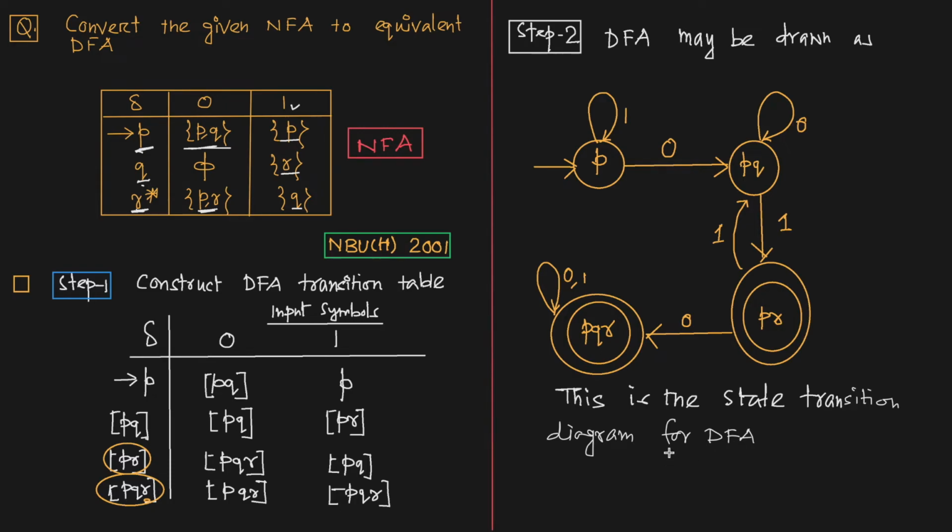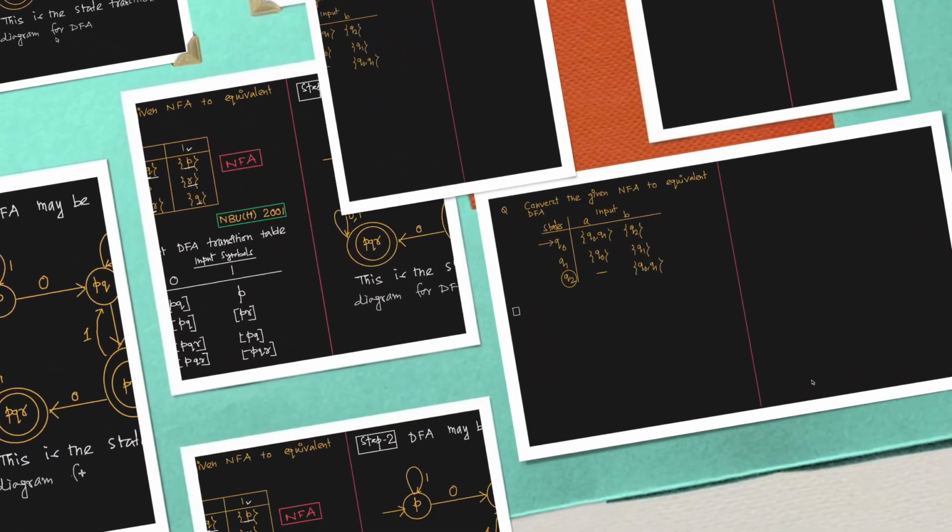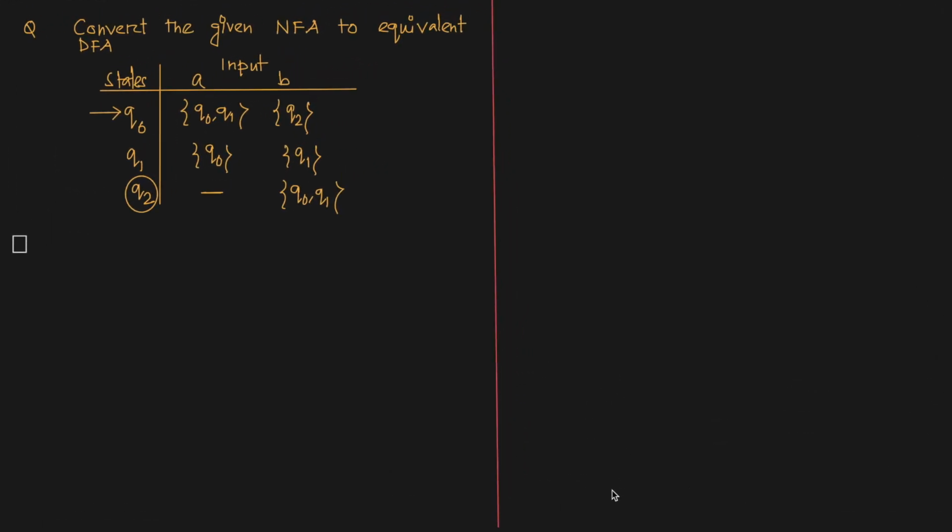Okay, so let us consider the next example. Convert the given NFA to an equivalent DFA. This is the transition table for the NFA. We have to convert this to an equivalent DFA.